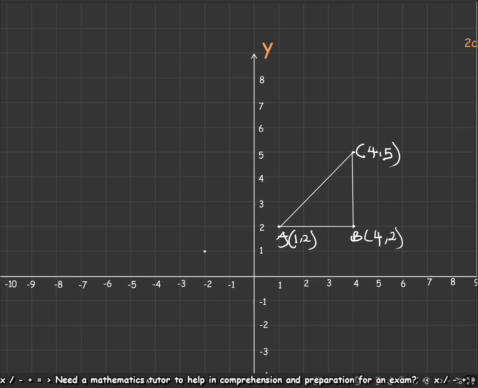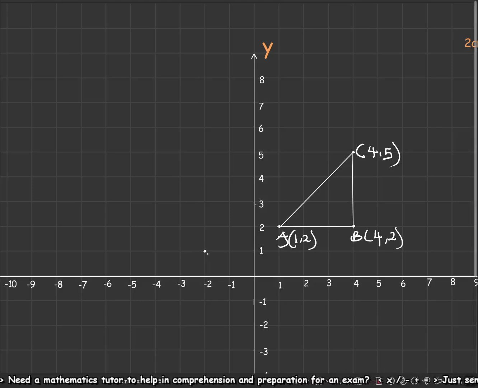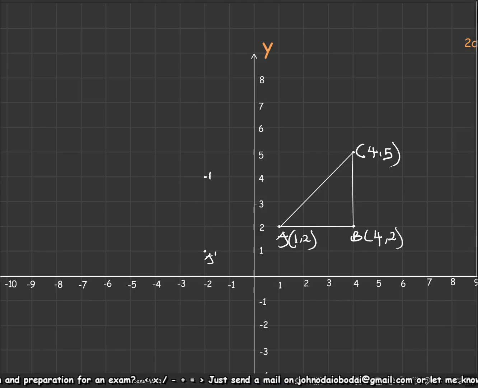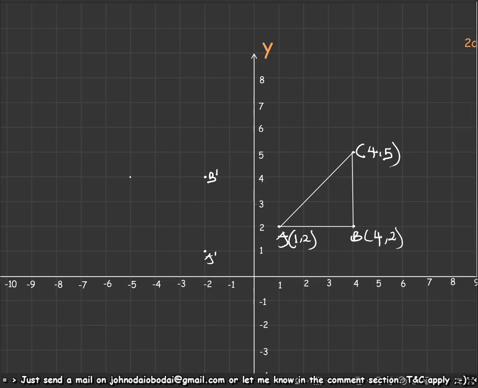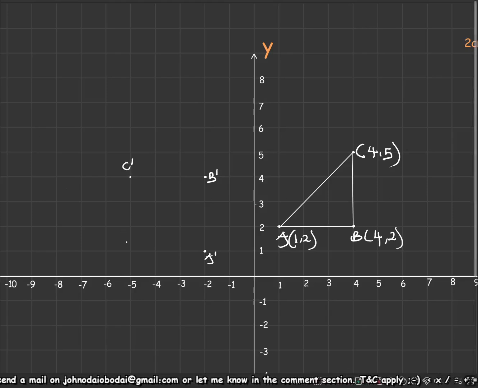This is it over here. This is A1. And then the second one, B1, was negative 2, 4. So negative 2, 4. We have that over here. And then C1 was negative 5, 4. Negative 5, 4. You have that over here. That is your C1. You see.